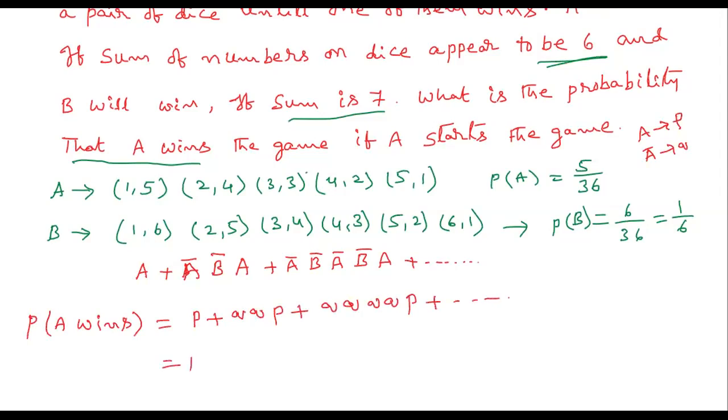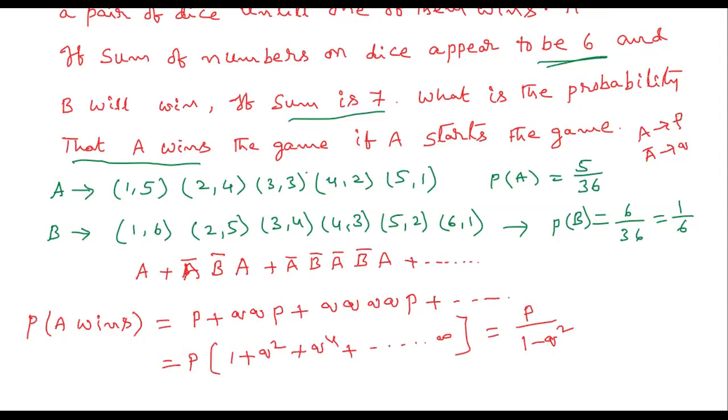Now here take P common, remaining 1 plus Q square plus Q power 4 and so on up to infinity. This is an infinite GP series. What is the formula? A by 1 minus R. We get P by 1 minus Q square.